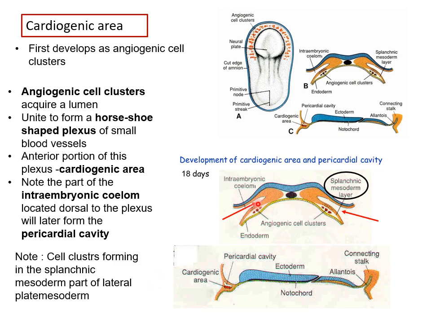You remember lateral plate mesoderm again got split into splanchnic and somatic. Now in this lowermost figure, if you look at a sagittal section of the embryo, you can see the relationship of the developing pericardial cavity to the angiogenic cell clusters or the cardiogenic area. It is dorsal. Let's see what happens to it next.